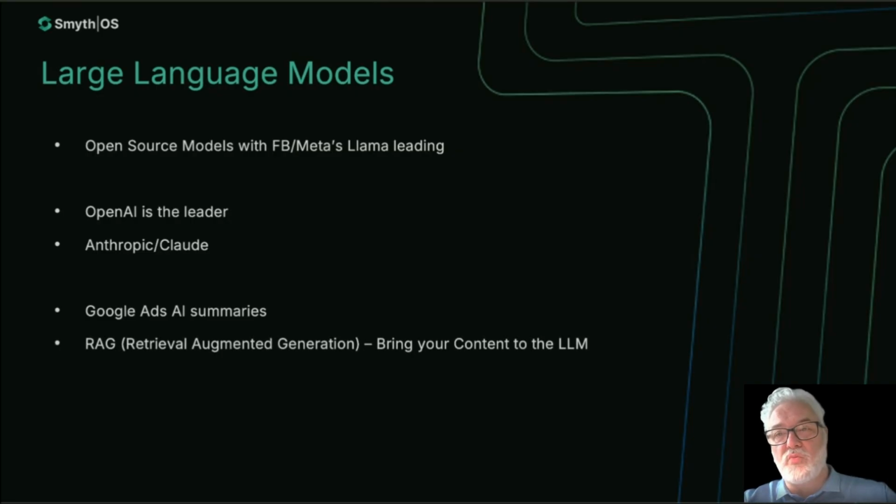Then one thing that really became clear is that generative AI by itself had a problem in that it was really focused on generation based on what it had already learned, and the rise of RAG, or retrieval augmented generation, allowed you to actually bring your content into a large language model.